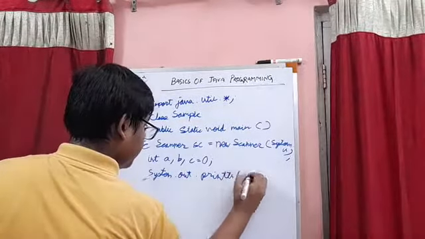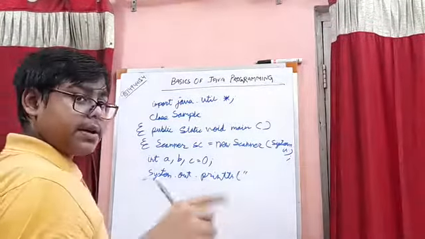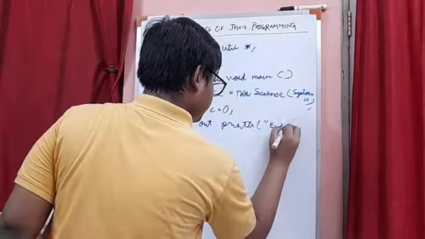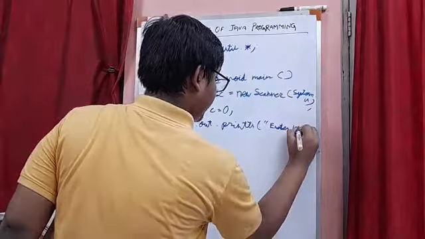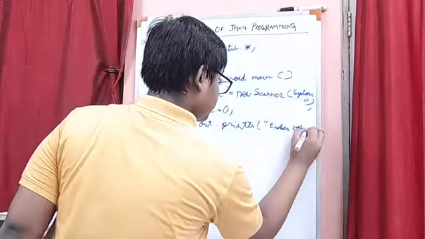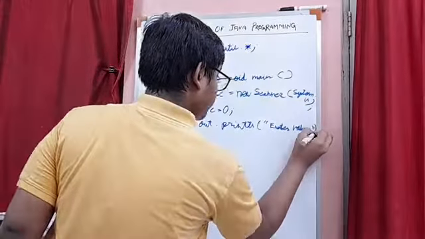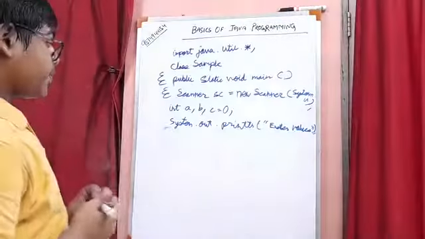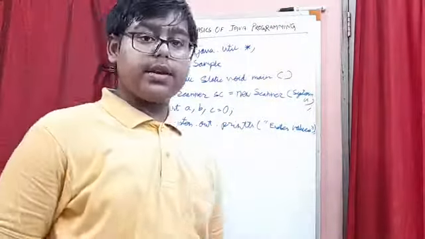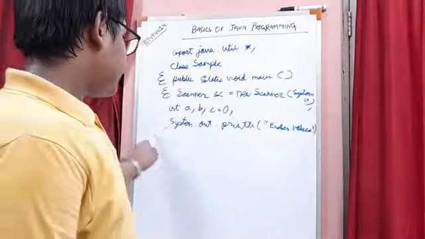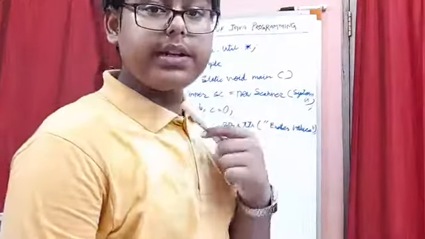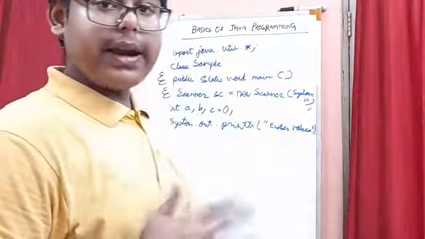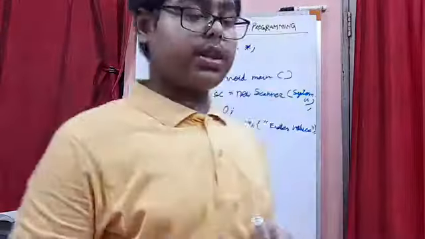Now we will write the statement "Enter values", and this is a semicolon over here. Now we have given "Enter values" here. Now the control will print it. Now the user will understand that I have to enter values. You need to think from the mind of the control as well as the user.